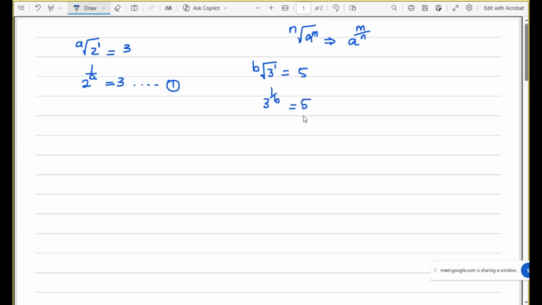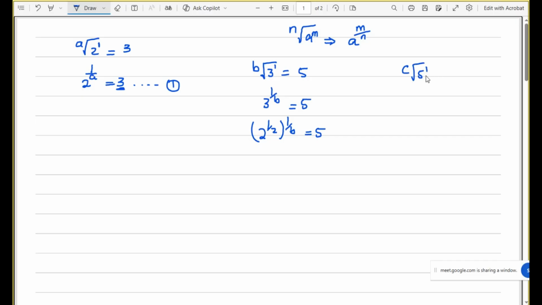Are you still with me on that? Yes. But now we know what 3 is. We know that 3 is 2 to the power 1 over 2. So where there's 3, I can write 2 to the power 1 over 2, everything to the power 1 over b, and this is equal to 5. You understand?